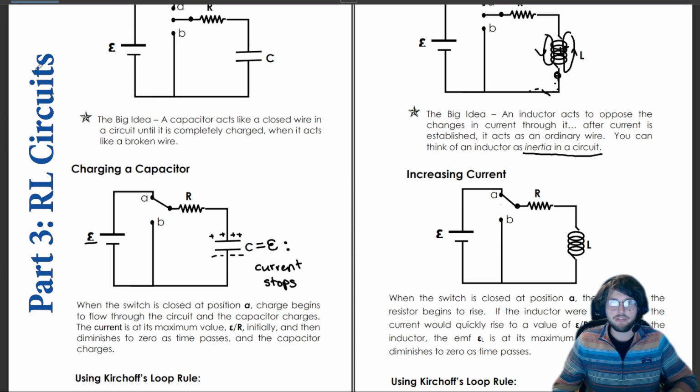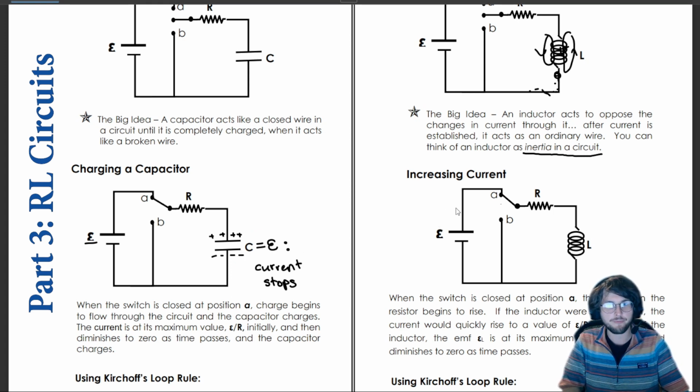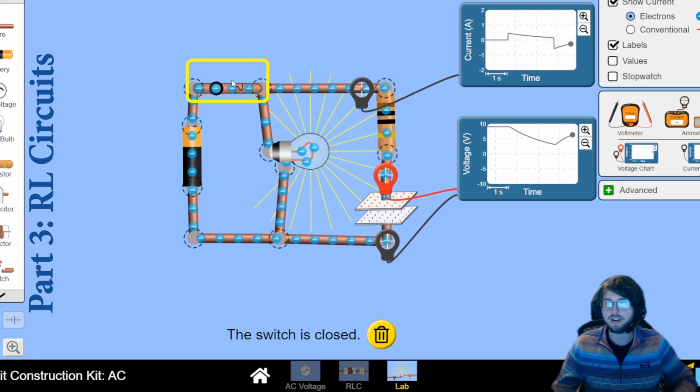So the end result of this, as opposed to current completely stopping dead in its tracks, is almost the exact opposite of capacitors. Right, with capacitors, we started out with current flowing fine and dandy, and as the capacitor charged, our current got gradually less and less and less, if you were following those graphs here, until it reached 0.